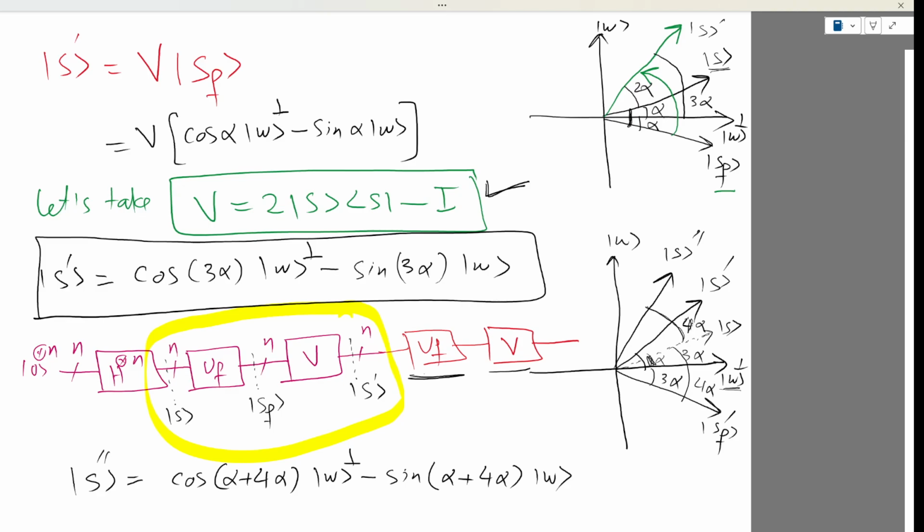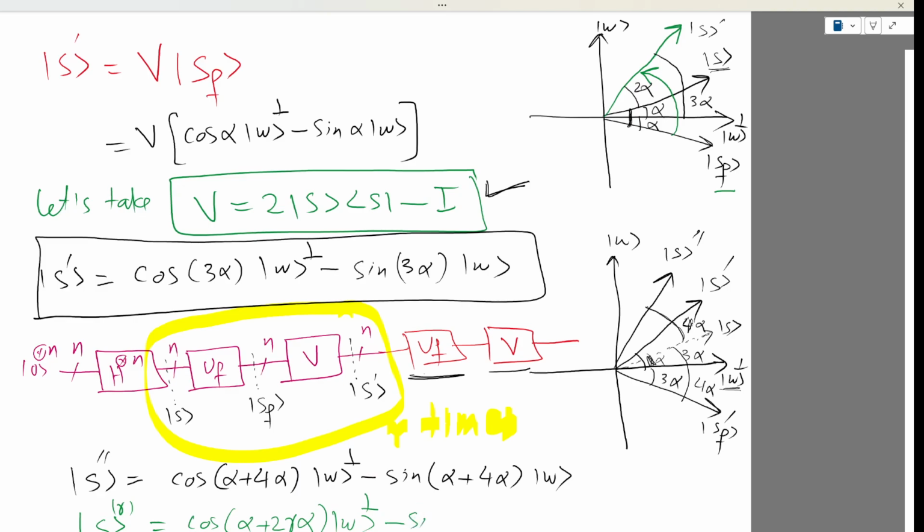And if you do this R times, that is we repeat this UF and V operation R times, let's call it this state SR. So we get cosine alpha plus, sorry, not 4, since each time we are adding 2 alpha angle to our state.